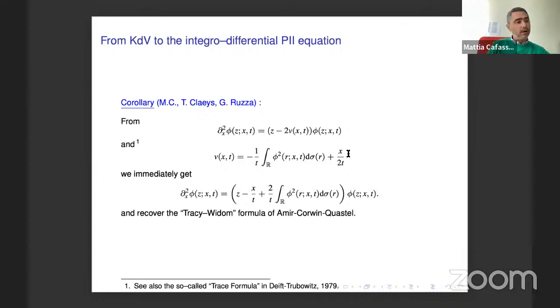Okay, so using this Riemann-Hilbert problem, we discovered that behind this Fredholm determinant of this deformed Airy kernel, we have much more than just this integro-differential Painlevé 2 equation, which is already very interesting by itself, but you actually have solutions of KdV.